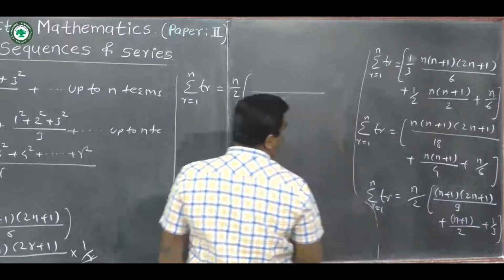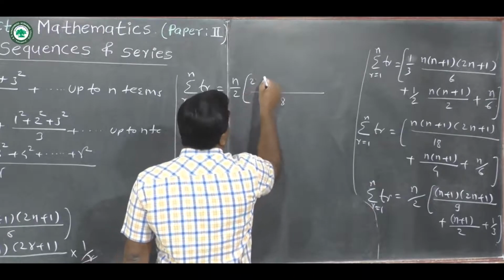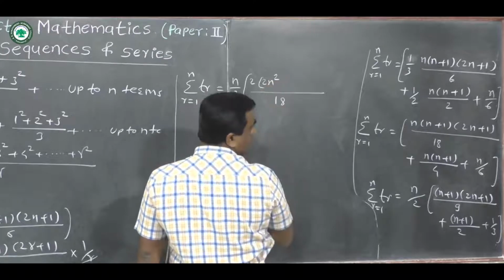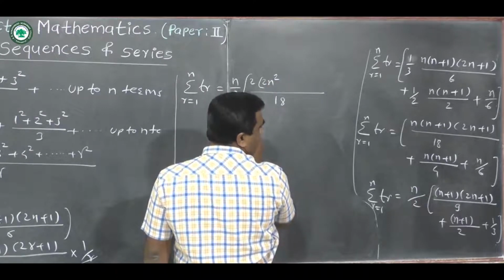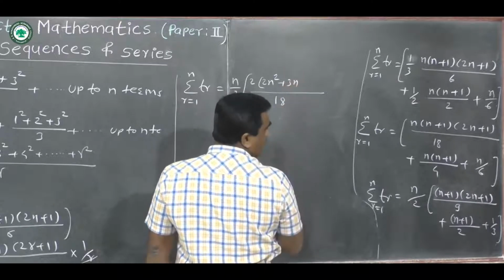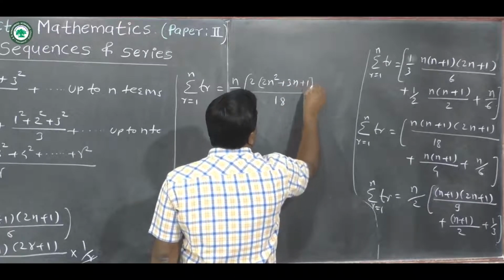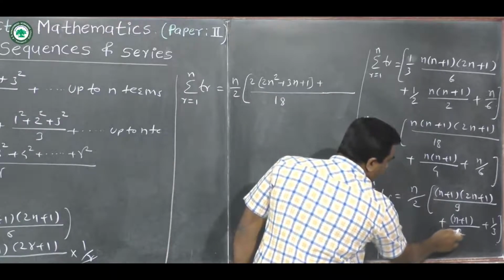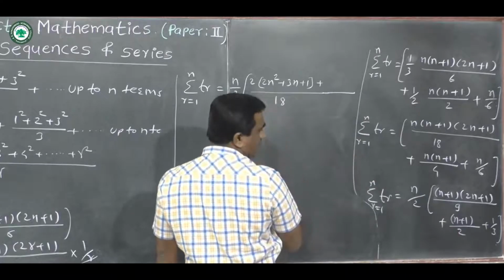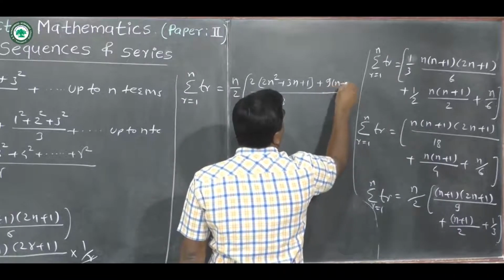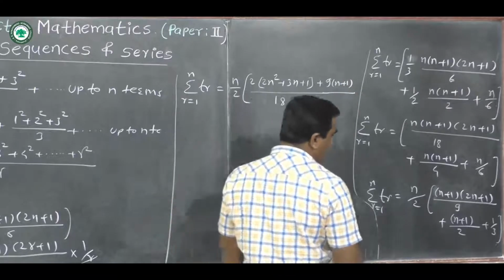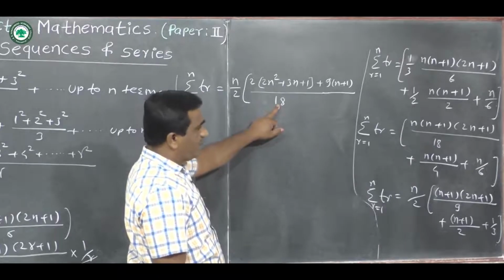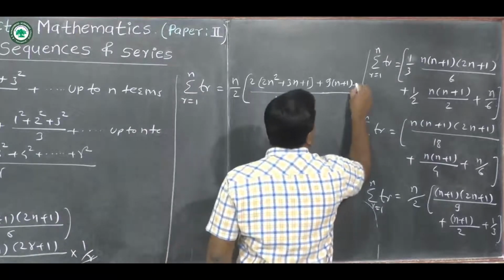9 into 2 means 18, therefore we can write here 2 into the product of these two: 2n square plus n plus 2n, that is 3n, plus 1, plus 1. Plus here 2 into 9 means 18, therefore 9 into n plus 1, and here 3 into 6 means 18, therefore multiply 1 by 6, plus 6.